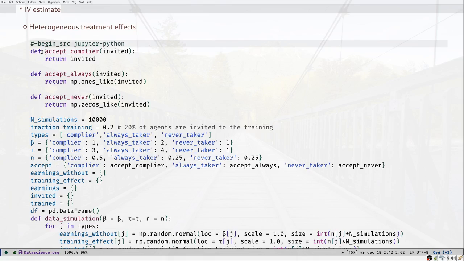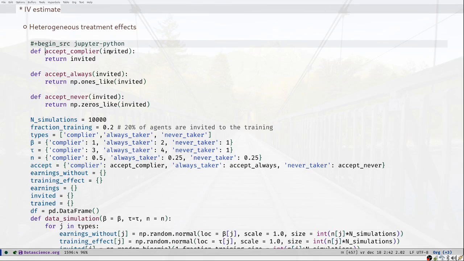First we define 3 different functions which determine whether somebody accepts a training invitation or not. We have the function accept complier, and invited is going to be a vector. For all the compliers in the group, it's going to be 0 or 1, where 1 means the person was invited for the training, and 0 means that the person was not invited.